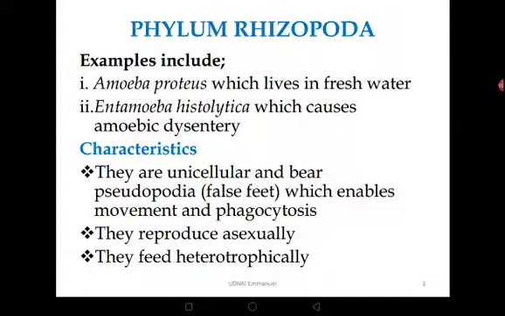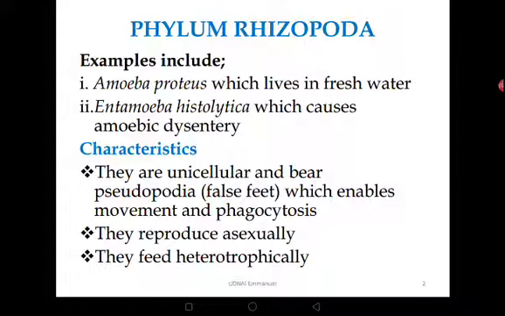So let's look at the characteristics of the rhizopods, members of Rhizopoda. So one, they are unicellular, meaning they are made up of one cell. The whole organism is made up of one cell, and they bear false feet called pseudopodia.